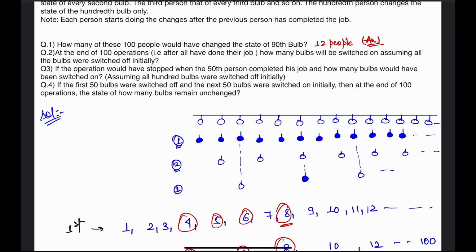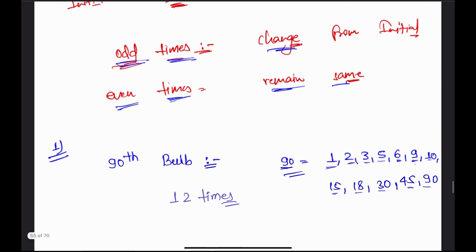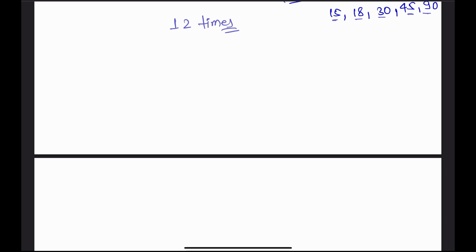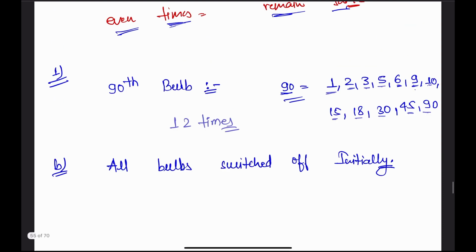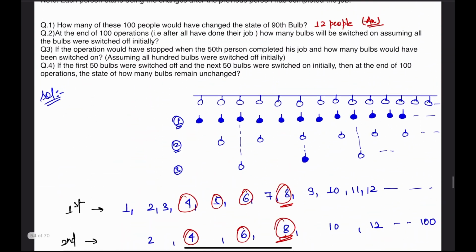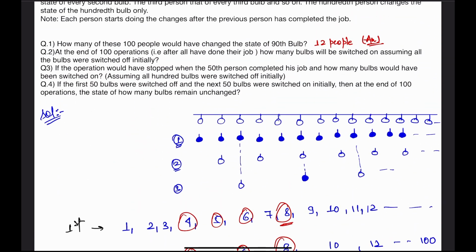So if all the bulbs were switched off initially, this is given in the question, assuming this, and the question is asking how many bulbs will be switched on.